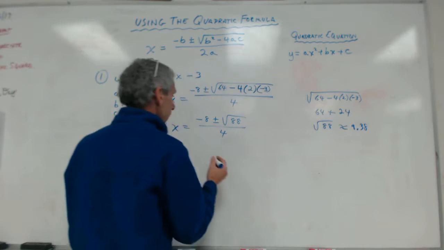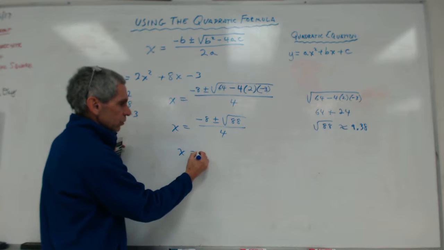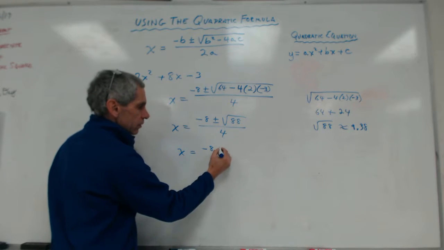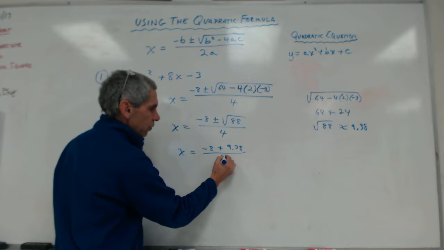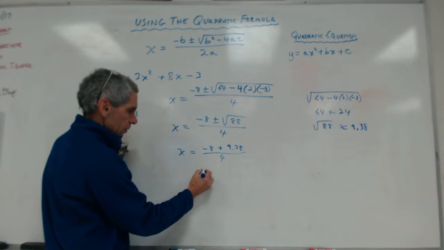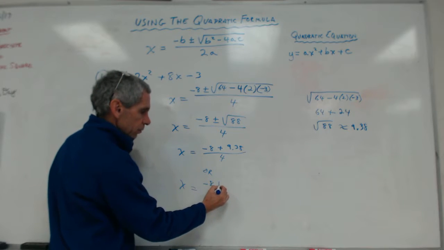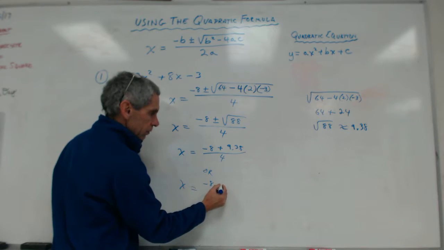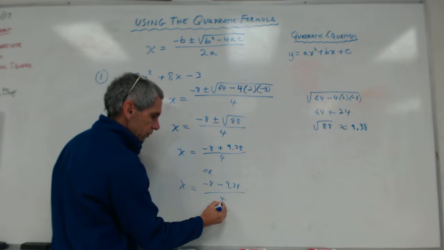I'll just write that. Okay? So here we go. I've got 2 answers. I've got x is equal to negative 8 plus 9.38 divided by 4, or x is equal to negative 8 minus 9.38 divided by 4. Okay?